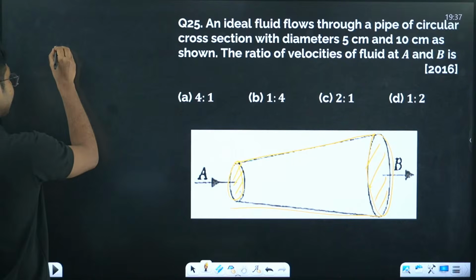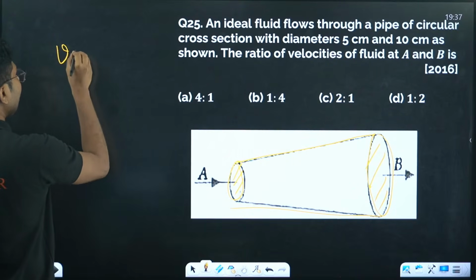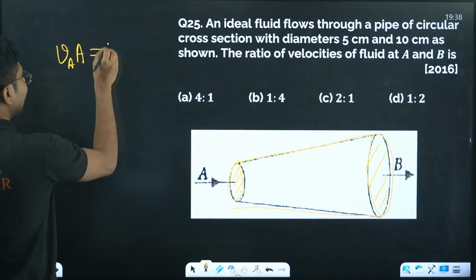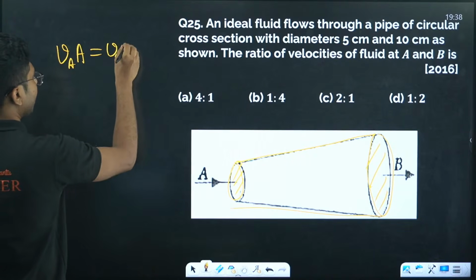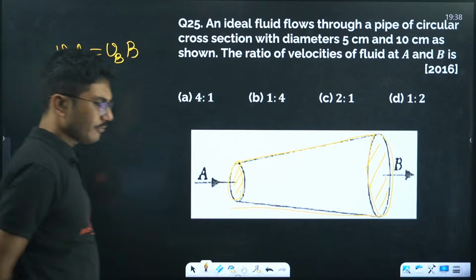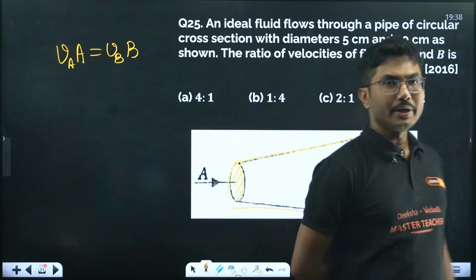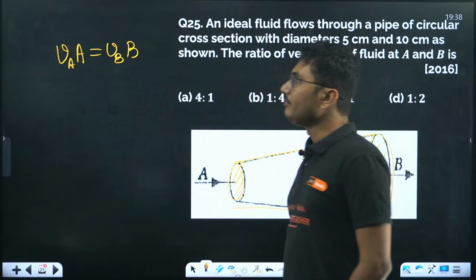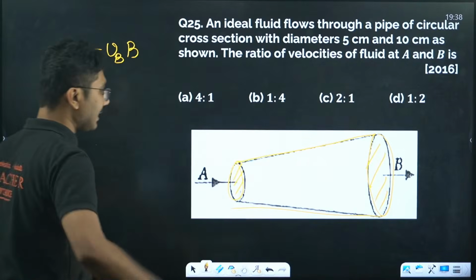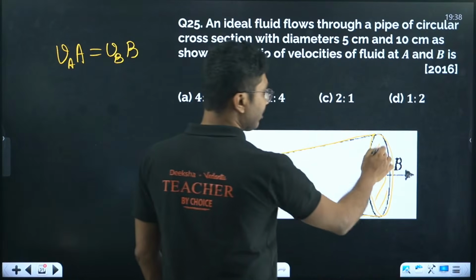The equation of continuity says that velocity into area is constant throughout for ideal fluids. For an incompressible ideal fluid, that is streamline motion, V A into A A equals V B into A B, where A A is the area at A and A B is the area at B.